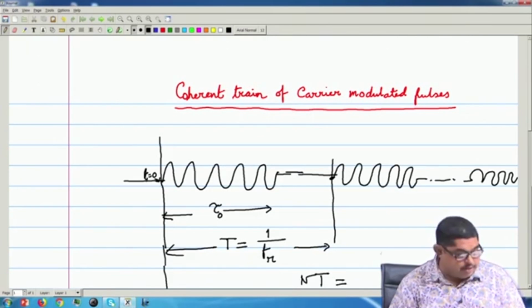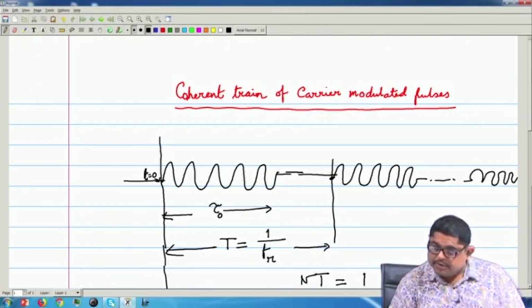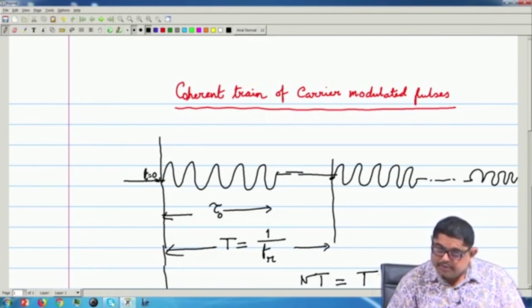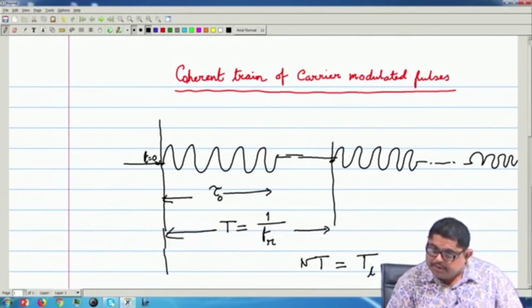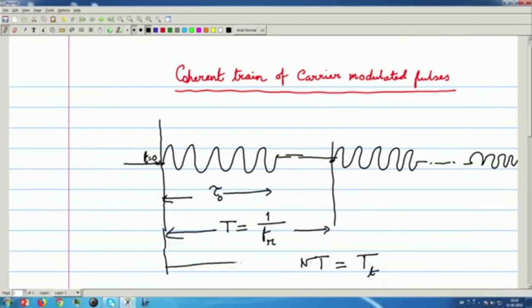I am giving this a name, T with a subscript T. So from here up to this, or let us say this is the Nth pulse, so I can say up to this.